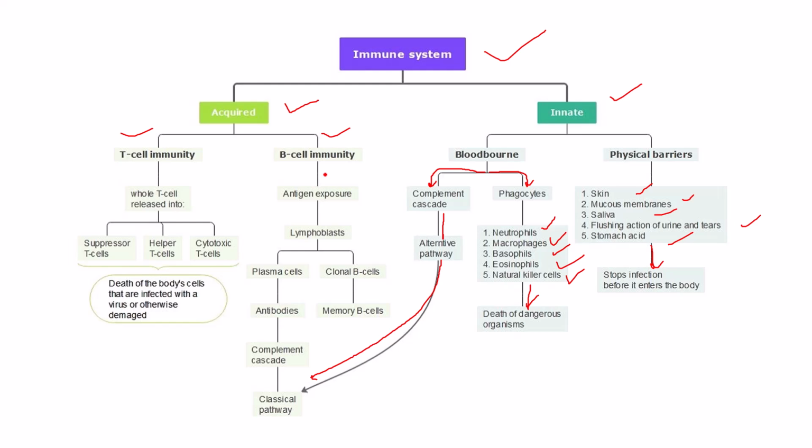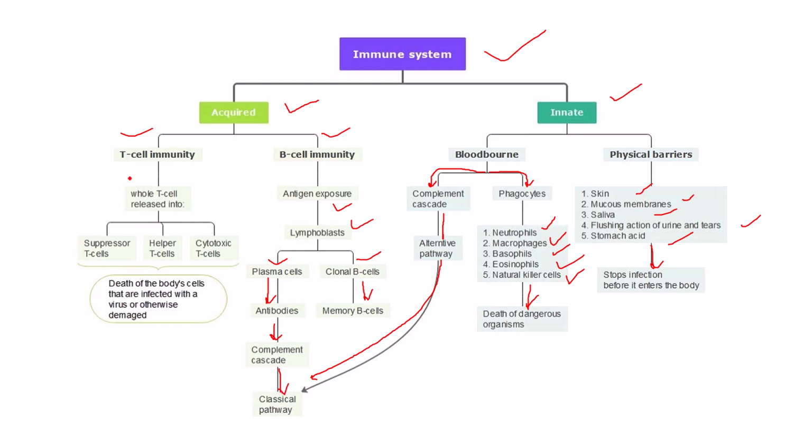Fine. So when it is by B cell immunity, it gets antigen exposure, then lymphoblasts form. These lymphoblasts can be plasma cells or clonal B cells. These clonal B cells form memory B cells, and these plasma cells form antibodies. Now these antibodies initiate the complement system cascade, and at the end the classical pathway ends the reaction.